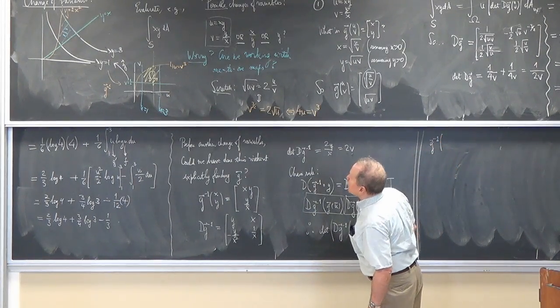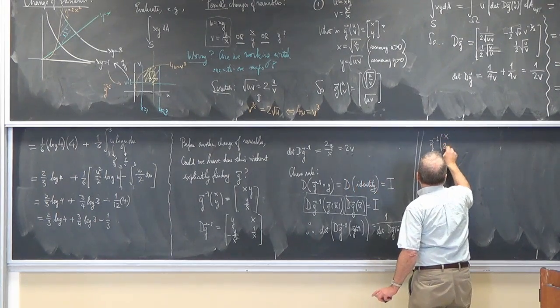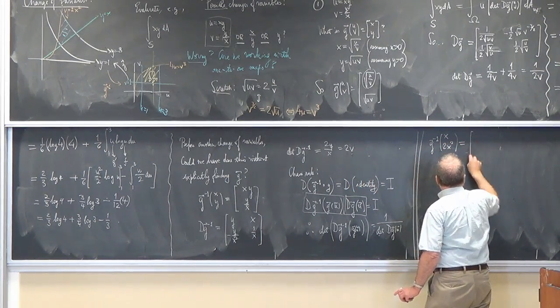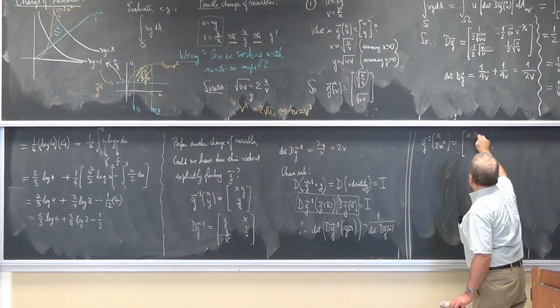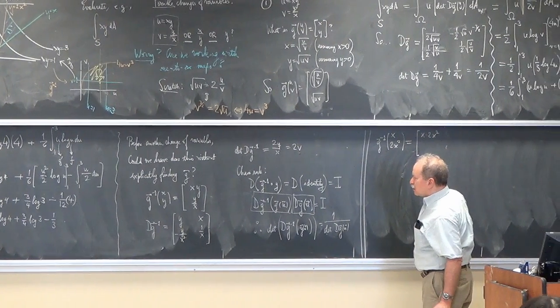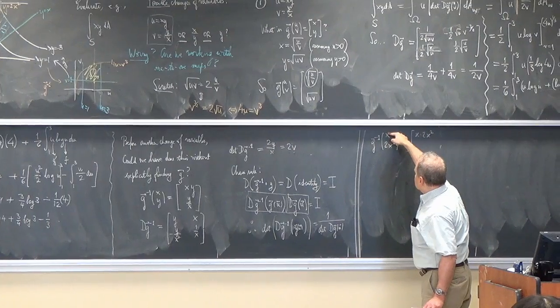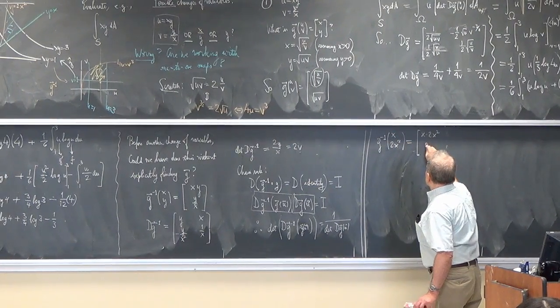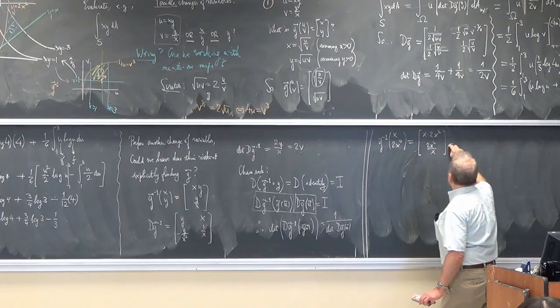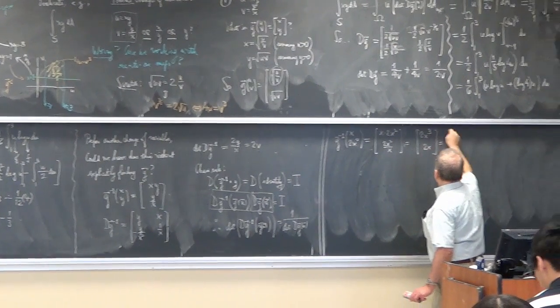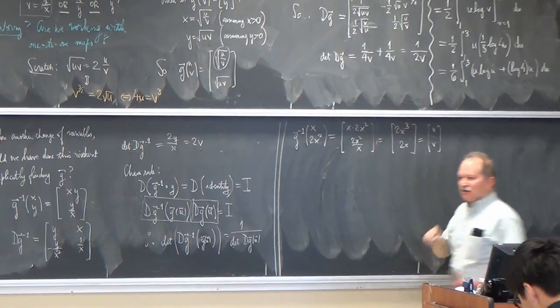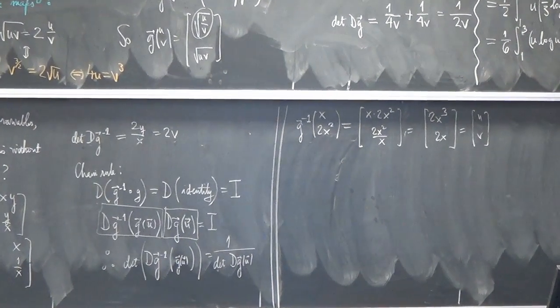So y is 2x squared. So you would put in, yeah, this is good. You would get x times 2x squared, and then you would get y over x. You would get 2x cubed, and you would get 2x, and you would ask yourself, what equation in u and v relates those?